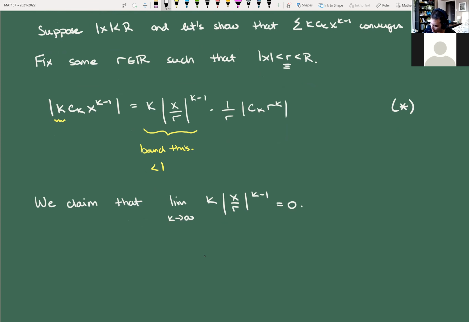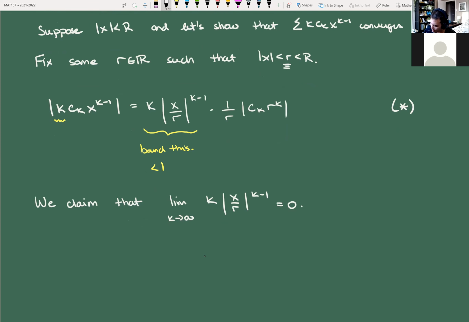So by the basic comparison test, the left-hand side converges as well. So by the BCT, the sum of k ck x to the k minus 1 converges absolutely if we're less than R.